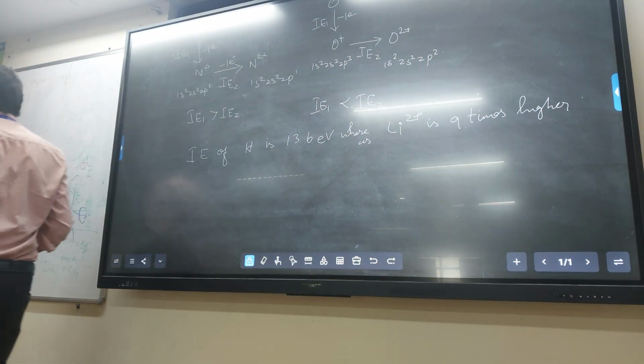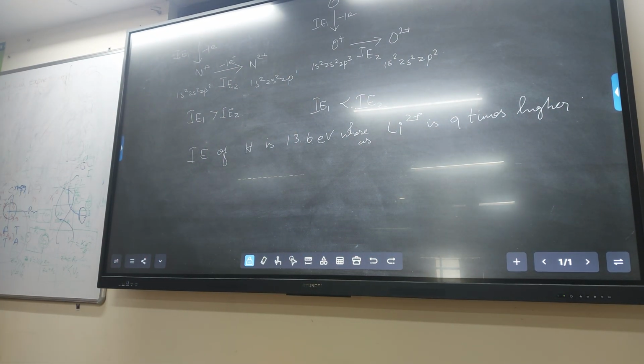Always the ionization energy we measure in terms of electron volt, kilojoule per mole. Okay, anyway. But in the case of lithium 2 plus, it is 9 times higher than hydrogen. They ask the question why. Reason out this variation, hydrogen and lithium 2 plus. You know the hydrogen atom.